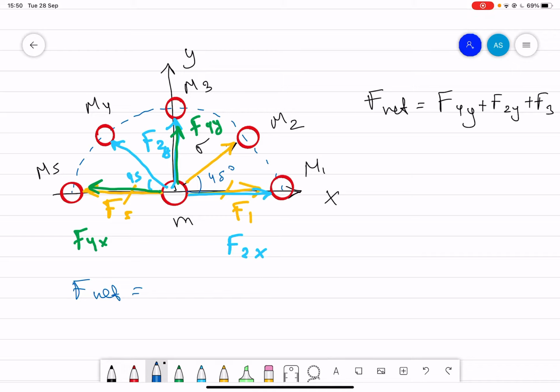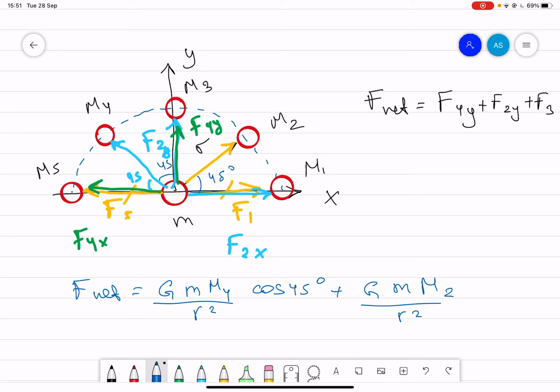It's equal to G capital M and M4 divided by the radius squared, and since we're taking only the y component, this is a 45 degree angle, so this will be cosine 45 degrees, plus G M M2 divided by r squared, and since we're taking the y component, it becomes cosine 45 degrees, and then plus F3, which is just G M3 M divided by the radius squared. So that's it.